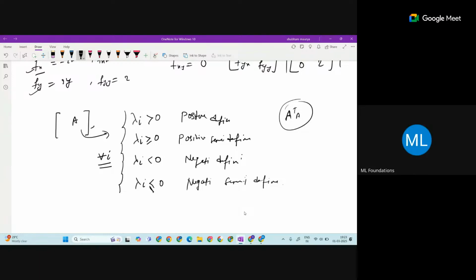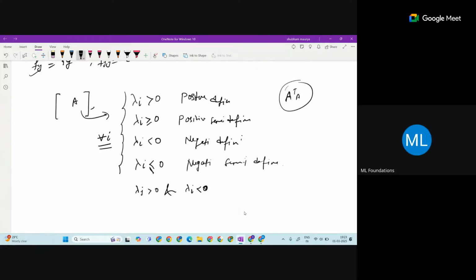And the next case is indefinite, when some lambda i is greater than 0 and some lambda i is less than 0. Some of them are greater than 0, some less than 0, meaning you are getting both. Then this is indefinite. This is the only case when it will be indefinite.